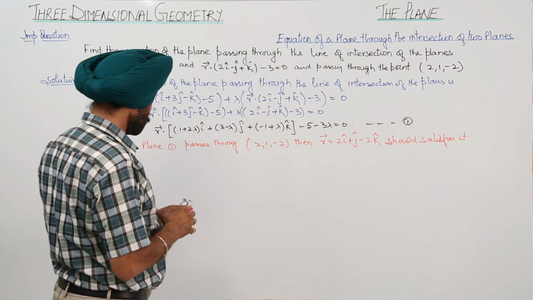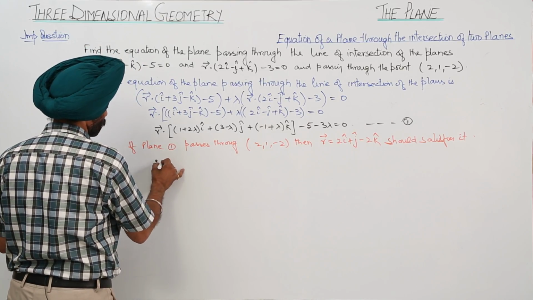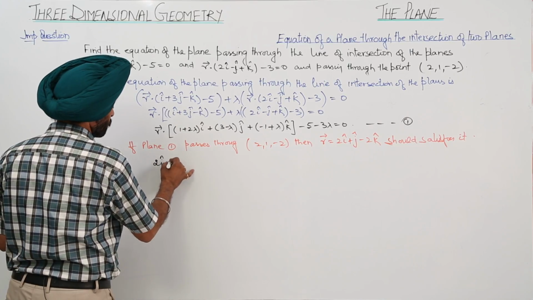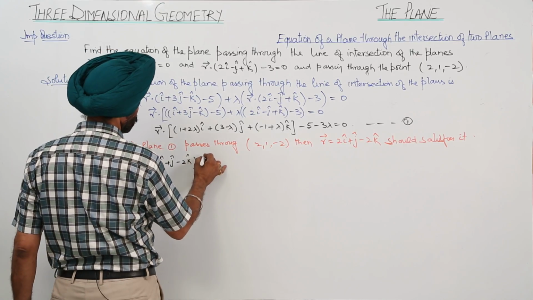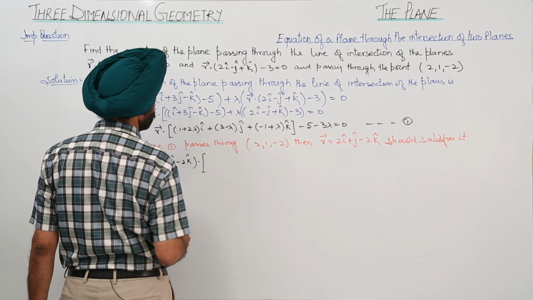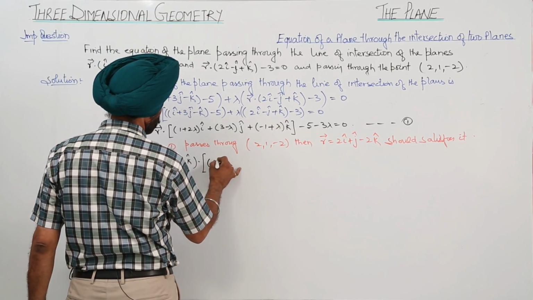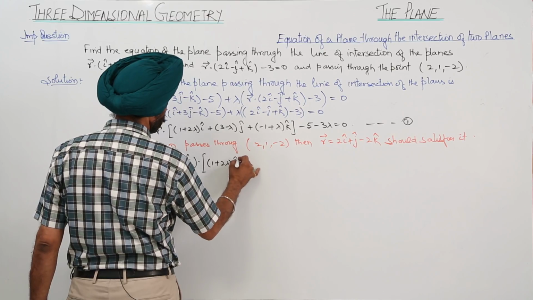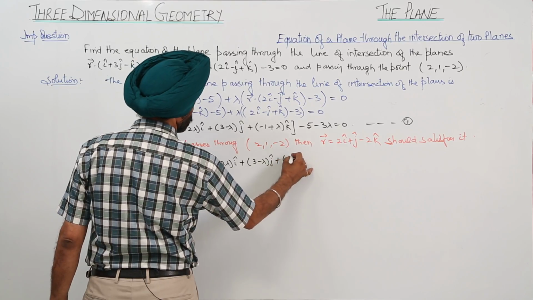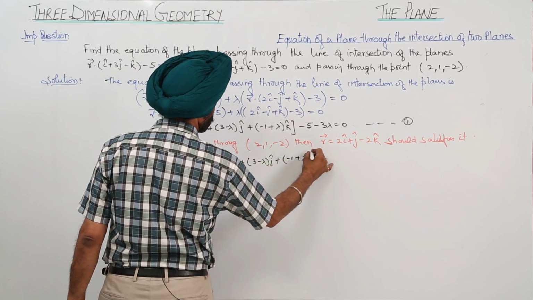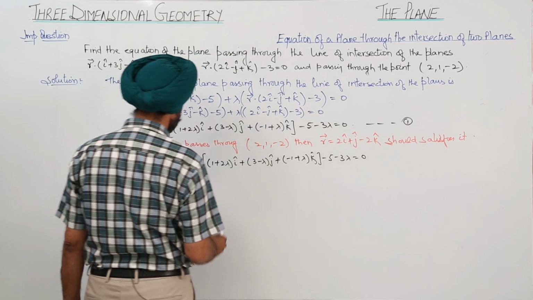Okay. So now (2 i cap plus j cap minus 2 k cap) dot ((1 plus 2 lambda) i cap plus (3 minus lambda) j cap plus (minus 1 plus lambda) k cap) minus 5 minus 3 lambda is equal to 0.